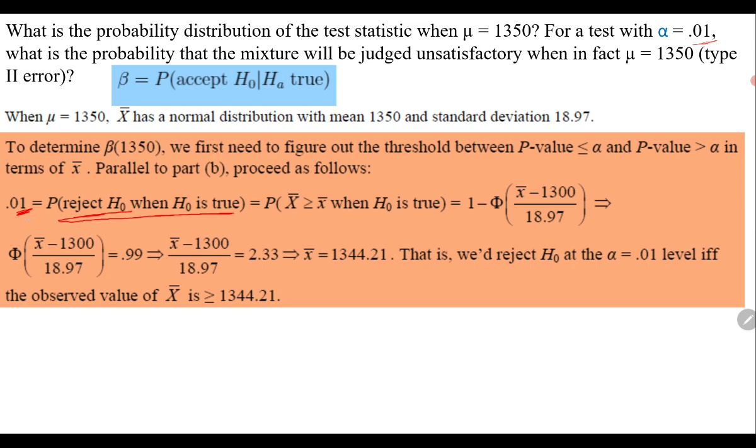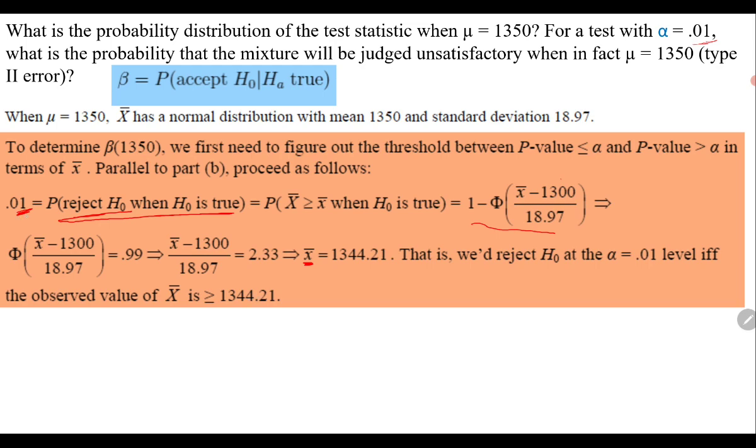So p value is equal to alpha. If I compute this, it gives me x bar greater than or equal to some value when H naught is true, and we have mu, we have sigma. Using all of this, we computed that x bar comes out to be 1344.21.